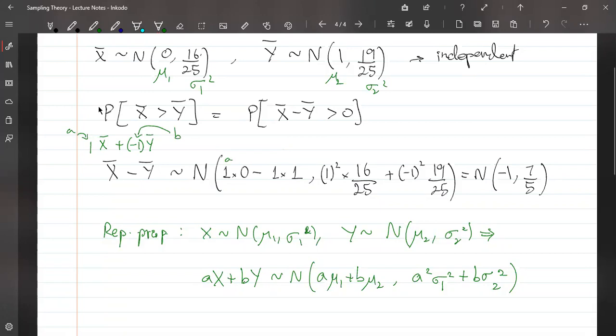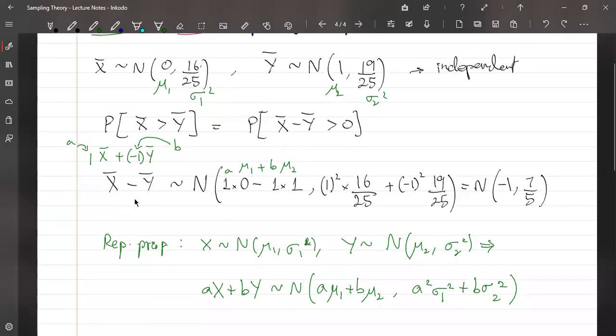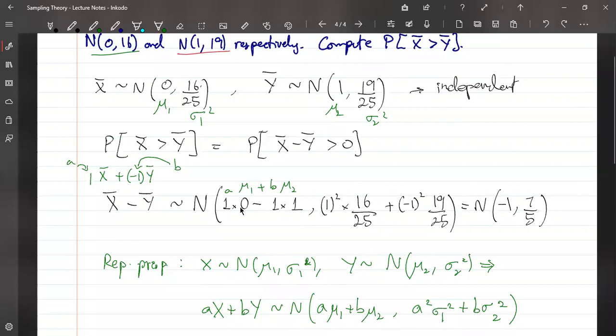So here we have a mu 1 plus b mu 2, which is 1 times 0 minus 1 times 1, and a square sigma 1 square plus b square sigma 2 square. That's only from this, and because both of these have normal distributions. So computing all this, we get N of minus 1 comma 35 by 25, which is 7 by 5.